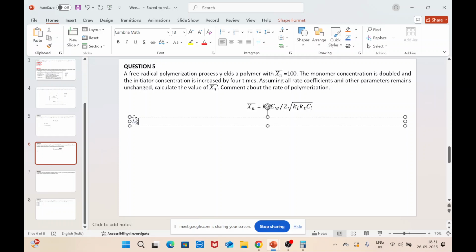Your number average degree of polymerization is 100. So for this, the Kp Cm by 2 root Ki Kt Ci.